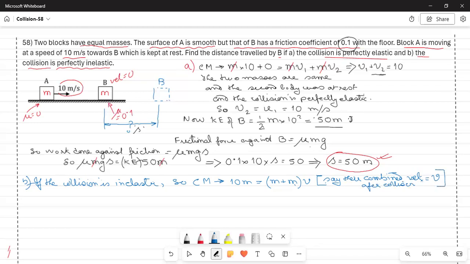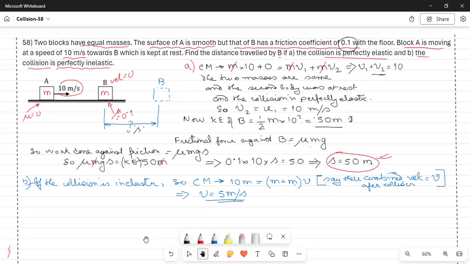So 10m equals 2mv, and we get v is equal to 5 meter per second.